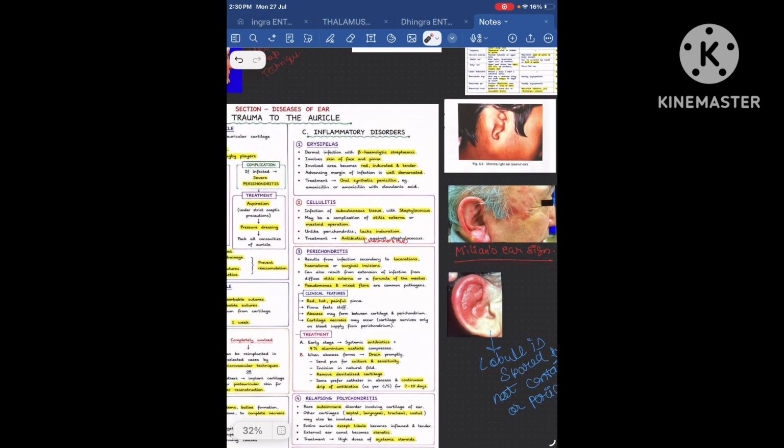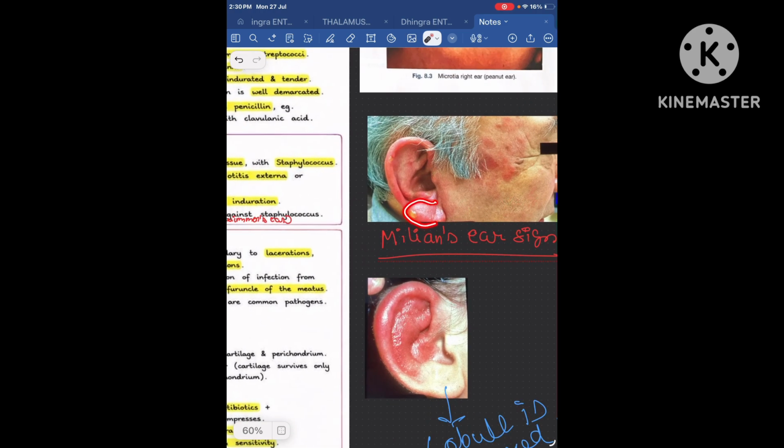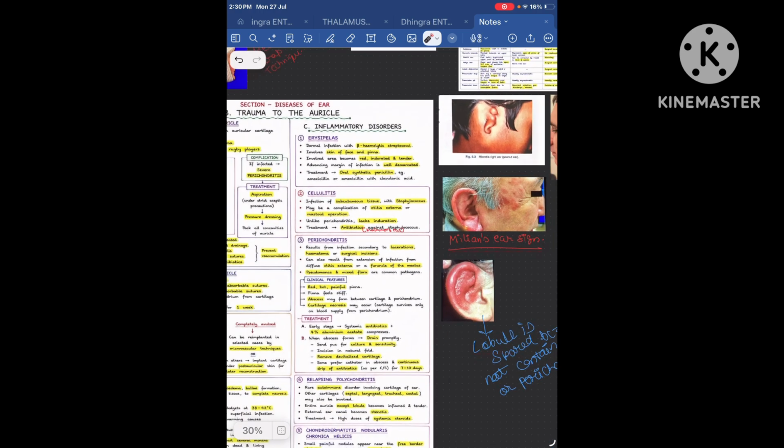The important thing about it is we see Milian's ear sign here. Milian's ear sign is what? The lobules are enlarged. You can see that. That is the Milian's ear sign we find here, and that is all about erysipelas.